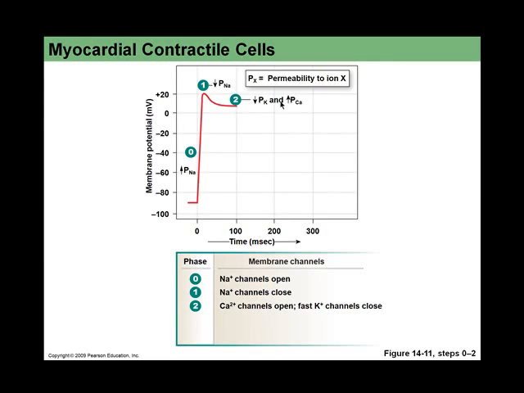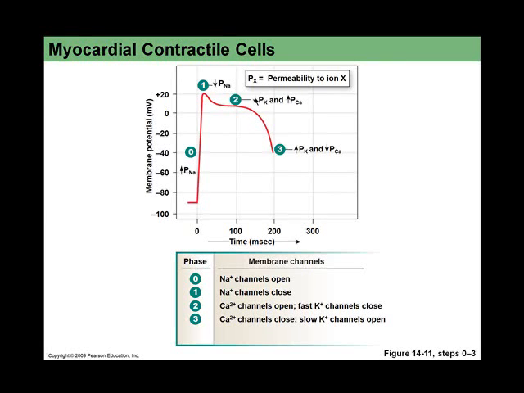And then there is a calcium channel that is going to open, and as the calcium concentration inside the membrane increases, or as the calcium accumulates there, then the calcium-dependent potassium ion channels are going to open.